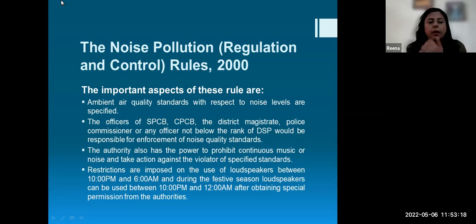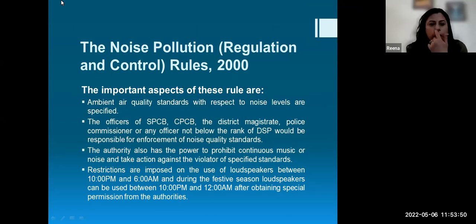But because air pollution control requires different aptitude and different executing agencies, there was a separate regulation and rule, the Noise Pollution Regulation and Control Rules. And the officers of CPCB and SPCB, the district magistrate, police commissioner, or any officer not below the rank of DSP would be responsible for enforcement of noise quality standards.